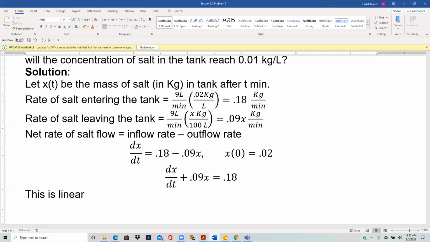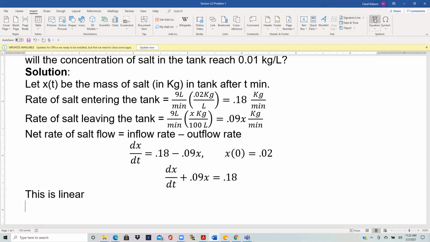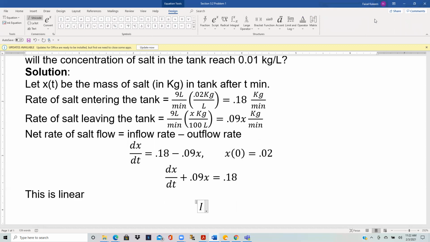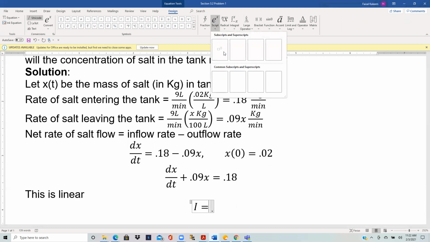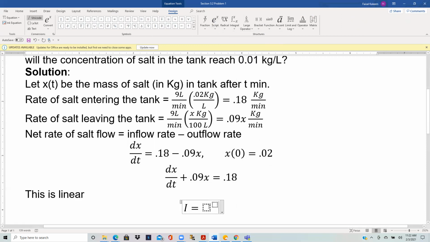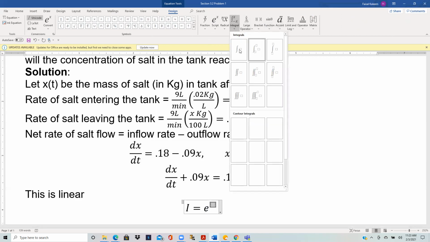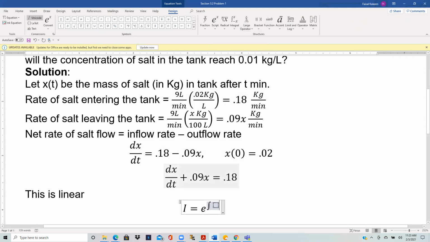The integrating factor will be, if you remember, to solve the linear equation, we first get the integrating factor. Integrating factor is e power the integral of this quantity. Normally we have a y times the function of x here. x is playing the role of y. So x times whatever we have here.